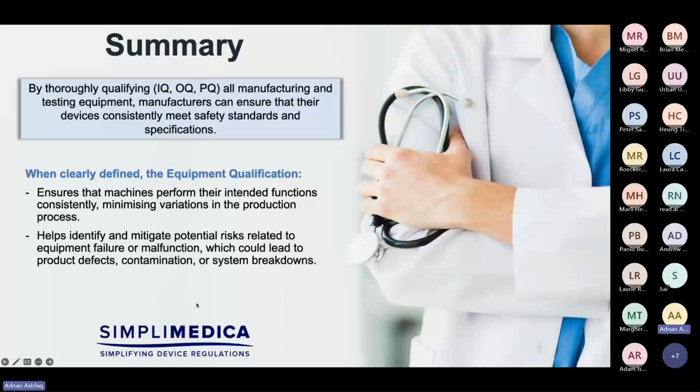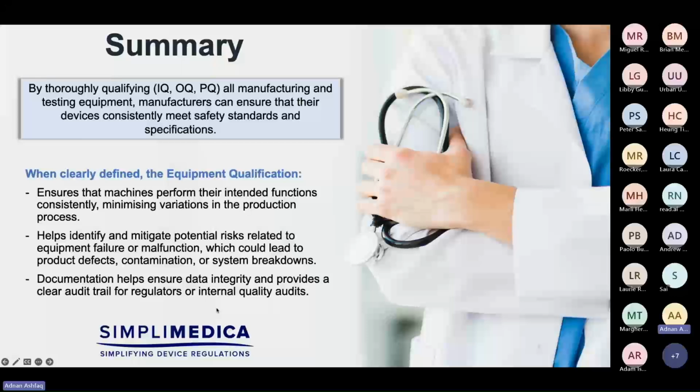It also helps identify and mitigate potential risks related to equipment failure or malfunction, which could lead to product defects, contamination, and system breakdowns. And the documentation also ensures that we have a clear audit trail for internal quality audits.